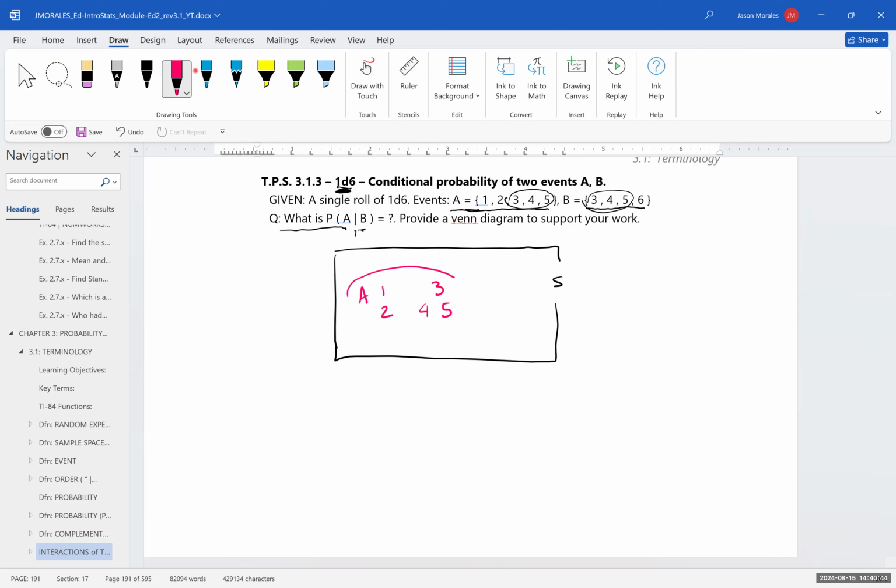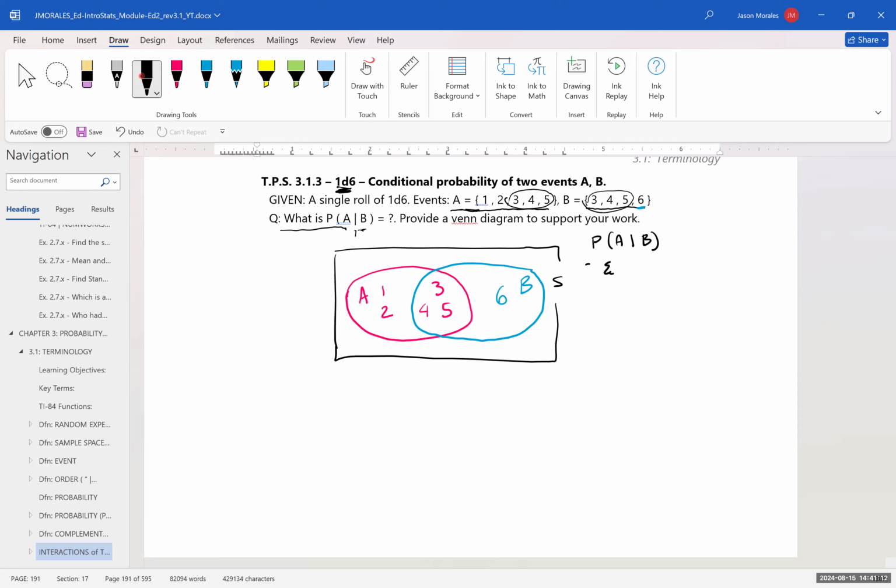So here's event A. And then event B has 6 in addition to 3, 4, and 5. That's going to look like that, right?